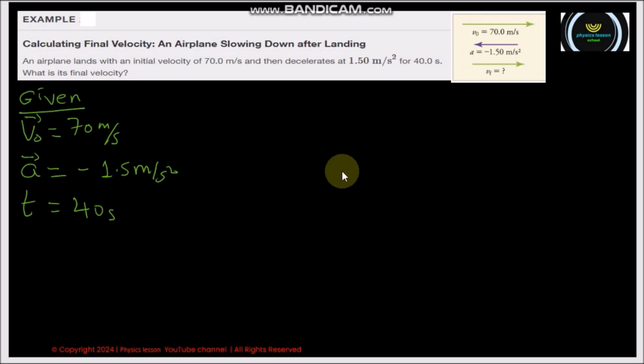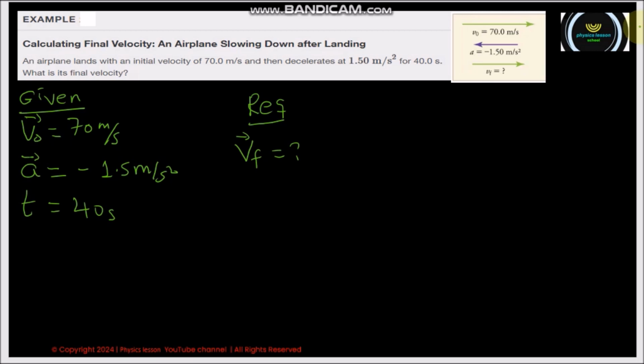Now what is the final velocity? You are required to find the final velocity. First, let us see. The initial velocity is forward.